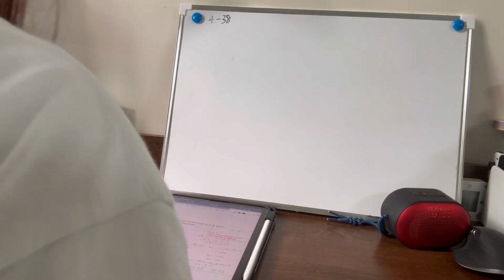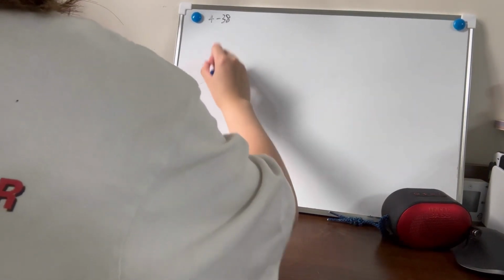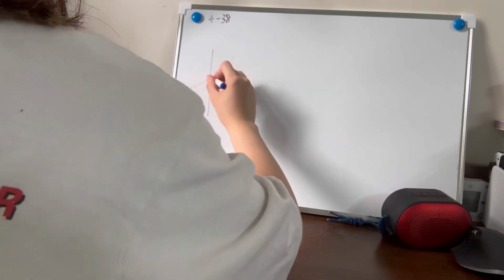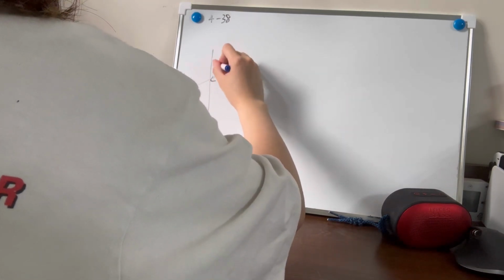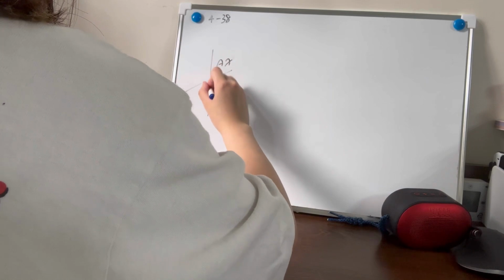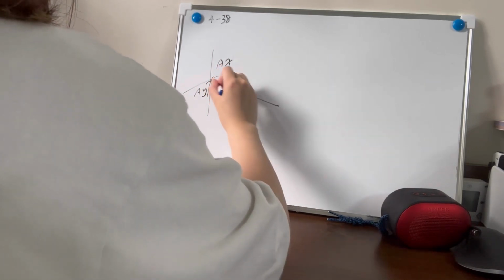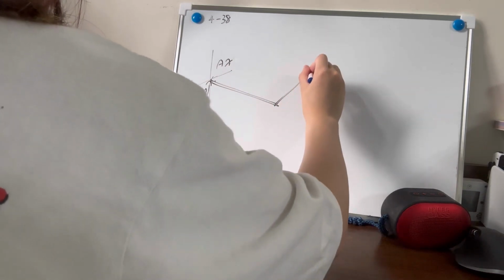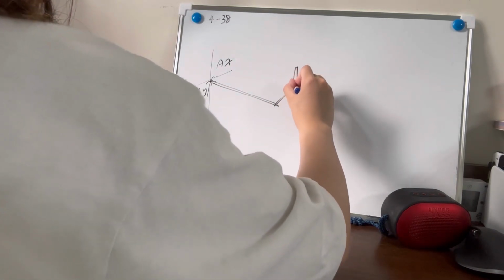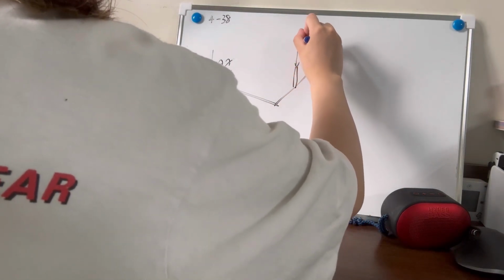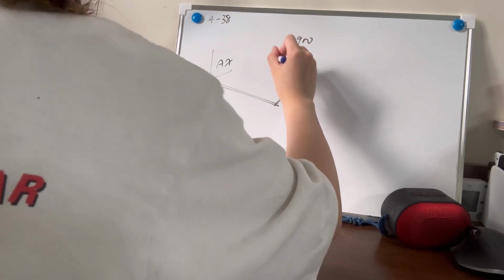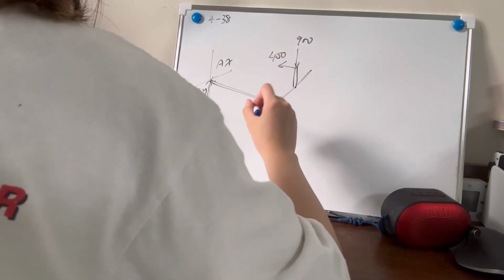And the last question is the 3D dimension question, and we have to draw the picture here. So it has the force Ax here and force Ay here, and the moments here, 900 here, and here.